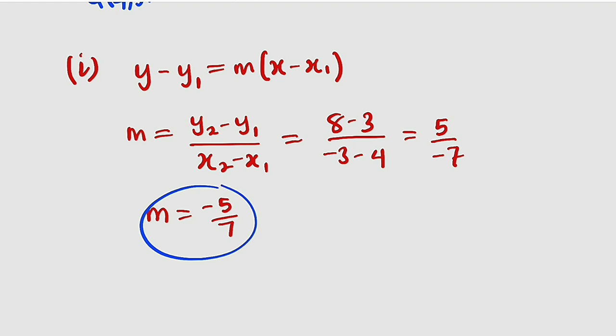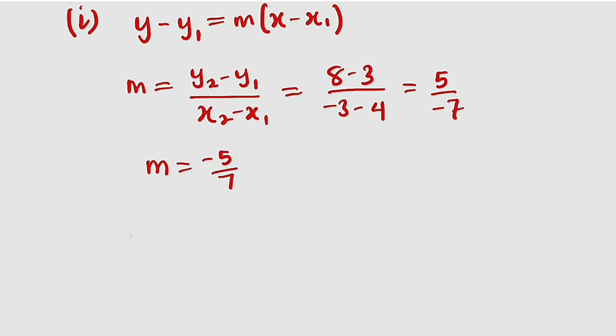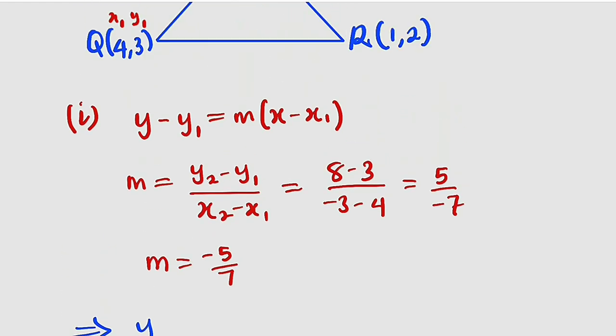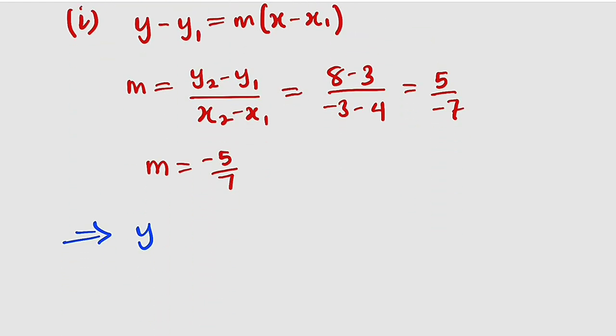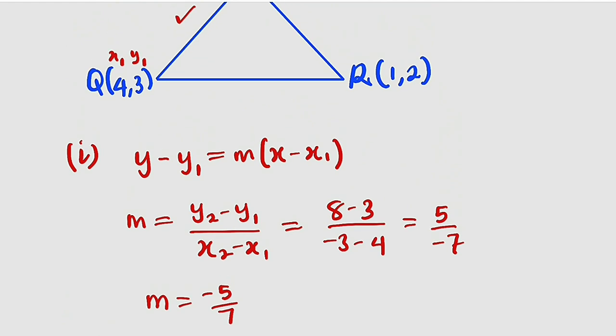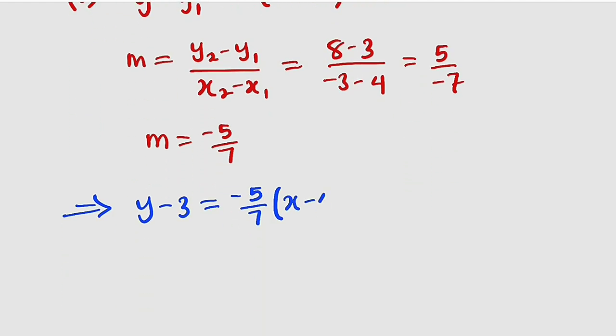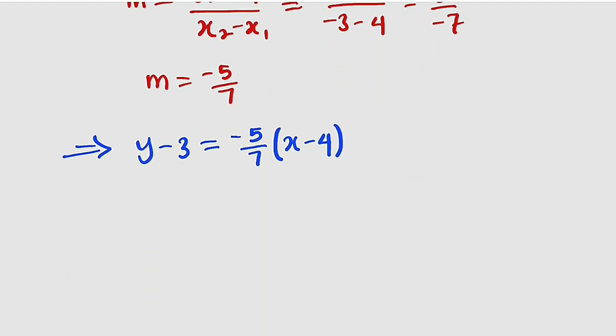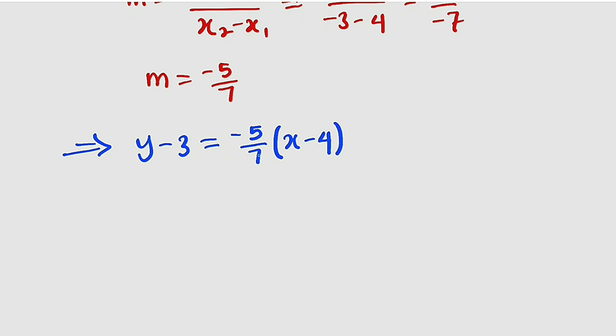So now let us plug this into our equation. We have y minus y1, but remember that y1 is 3. So we have y minus 3 equal to m, which is the slope, negative 5 divided by 7, multiplied by x minus x1. x1 is 4. Then I would like to multiply every single term by 7 just to clear this fraction.